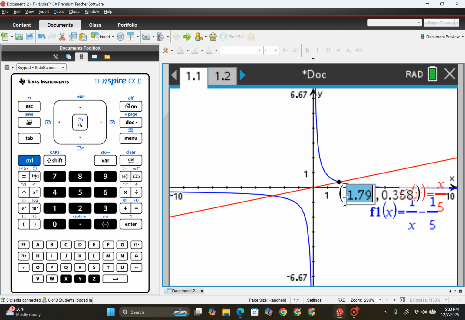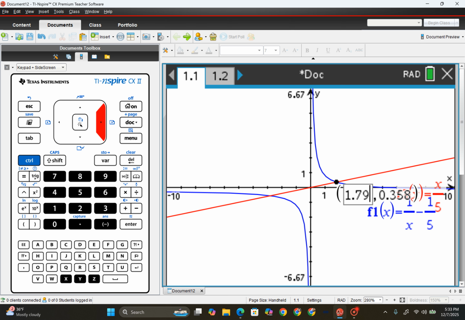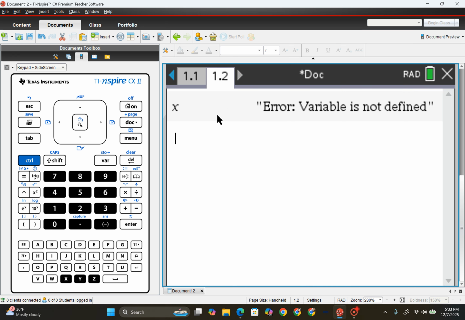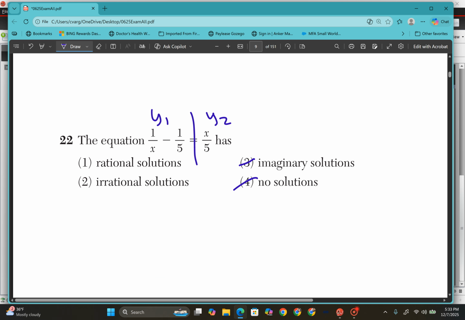Can I see what that whole number is? Let me try a control copy. So copy, control C, and if I go here and control V it, 1.79. Okay, that does work.